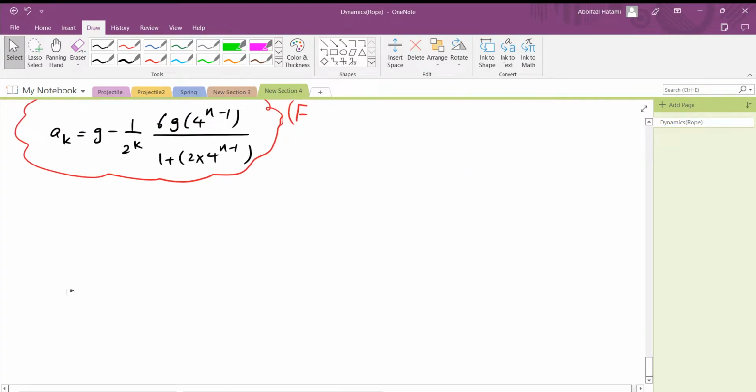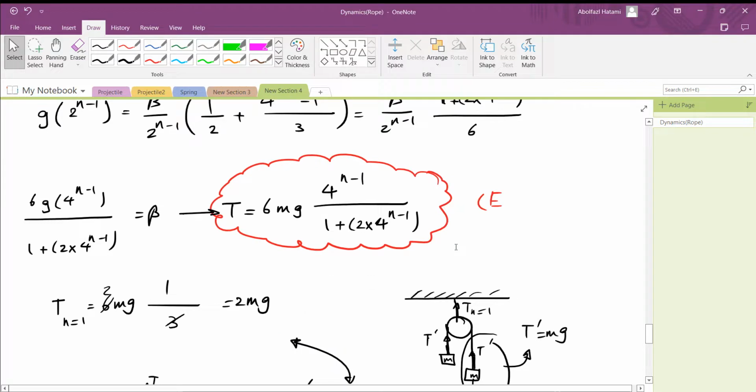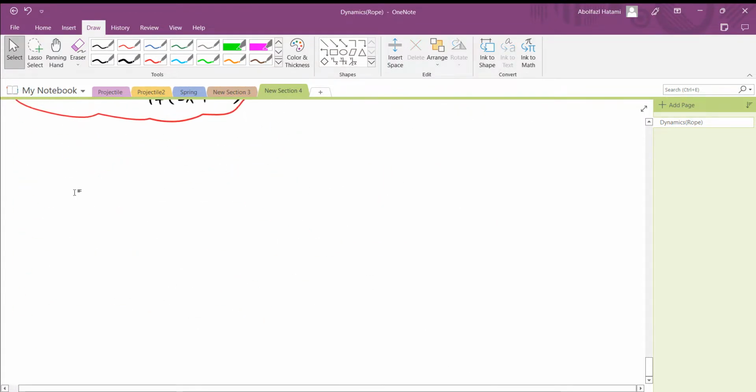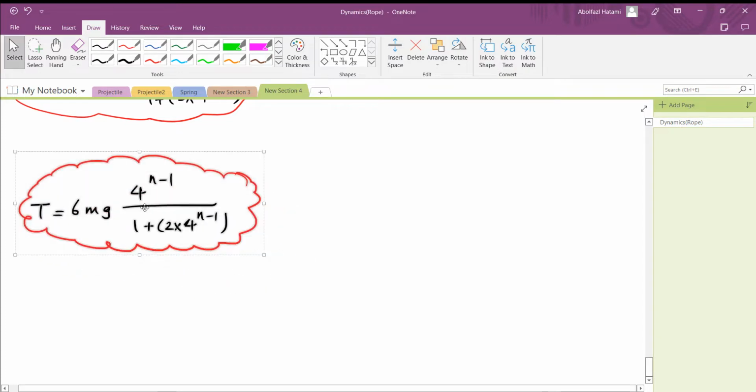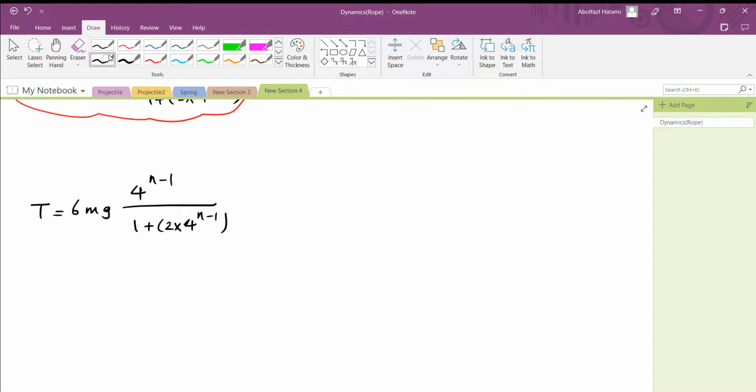Okay, this is T. Let me find the limit of T when n goes to infinity. It is the limit of 6m times g.